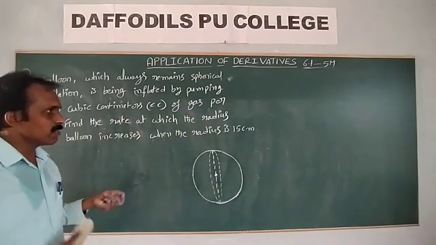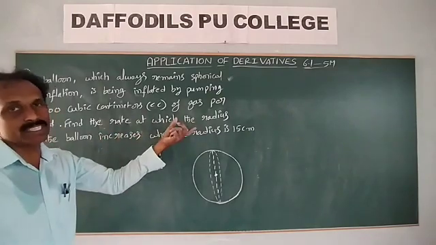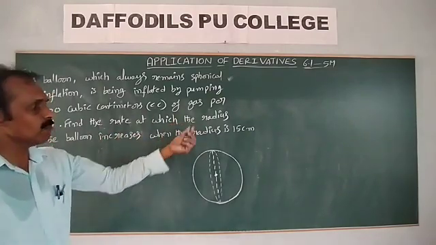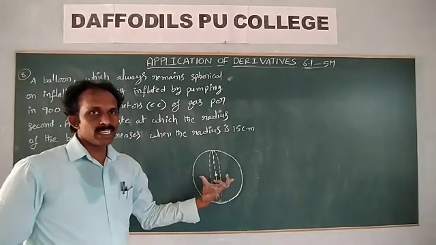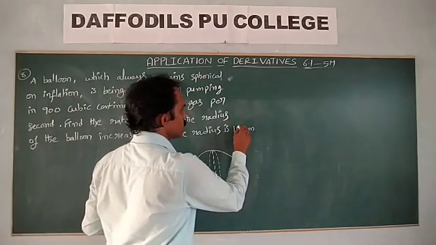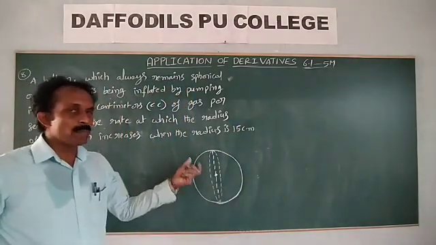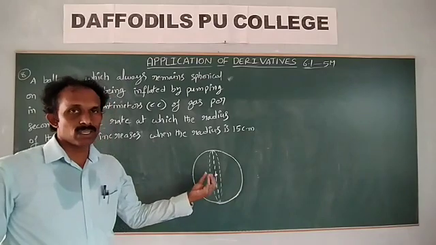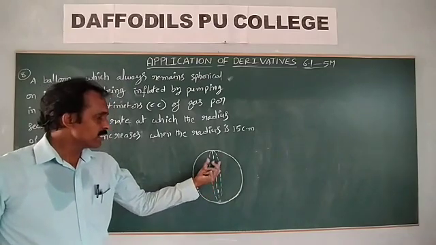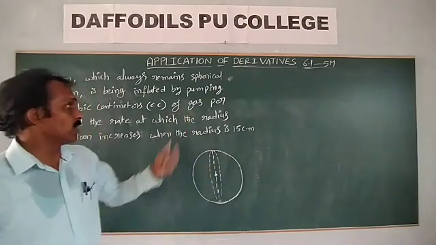So with pumping, what is the change per second? How much does the radius change? The original radius is 5 centimeters, but by pumping, the balloon inflates, so what is the change in radius? That you will find.